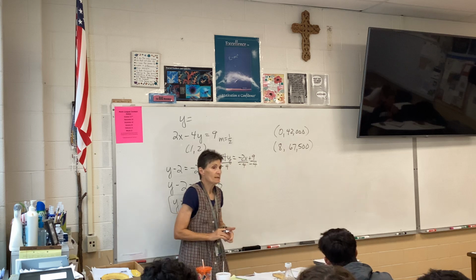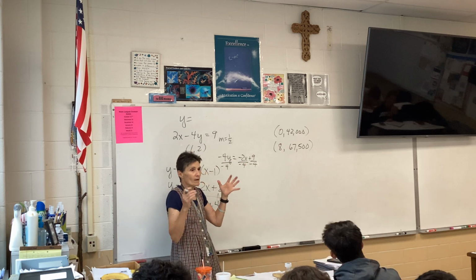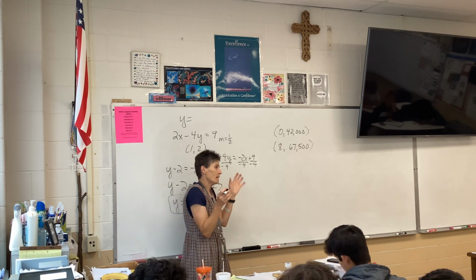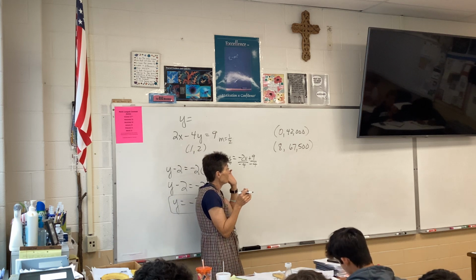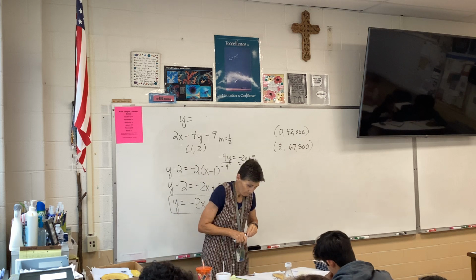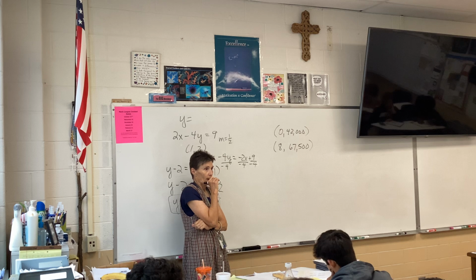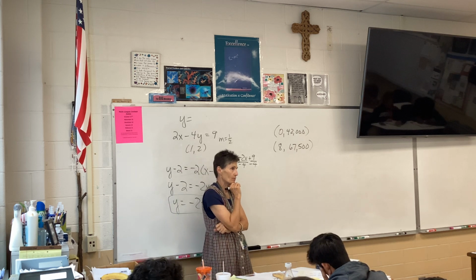Every time we read or have any kind of a situation, we want to try to organize the info. So they told me that 8 years ago he bought this house, and now it's worth this amount. I want you to look at those two ordered pairs and tell me if they make sense to you.